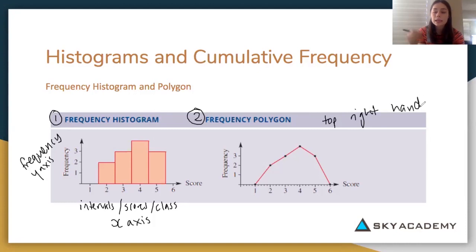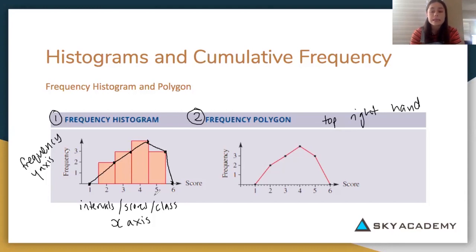You draw dots onto the top right-hand corners of each of your boxes on your frequency histogram, and then you connect the dots. So you go from here to here, from here to here, here to here, here to here, and then down to 6. And so that would be your frequency polygon, and that's how you construct it, by going to the top right-hand corner of your frequency histogram.